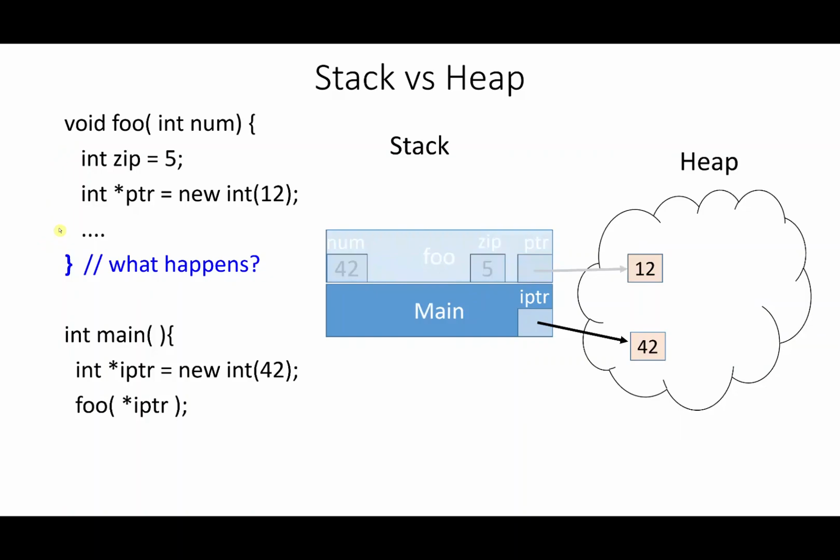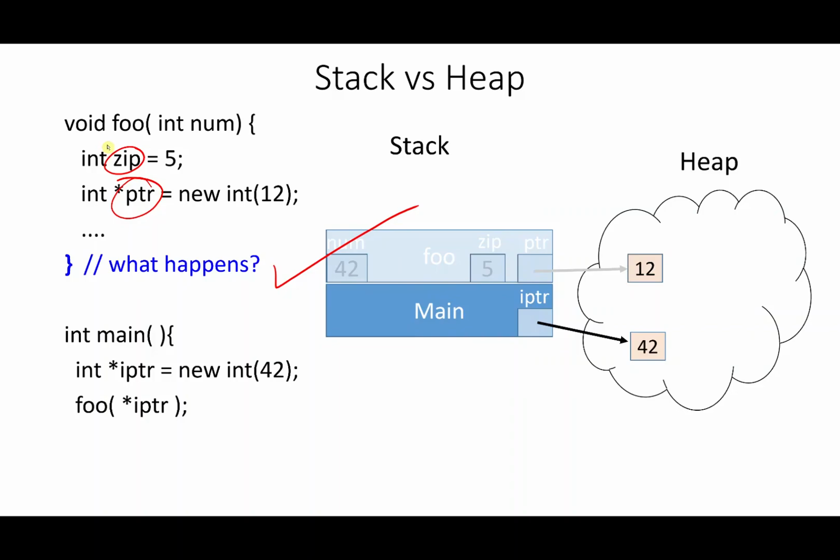So the garbage collector is basically removing the whole stack frame, right? Stack frame with all its local variables. So this is a local variable, remember. Yes, it's a pointer. It points at something in the heap, but it's basically a local variable, like zip. So a pointer is always a local variable.